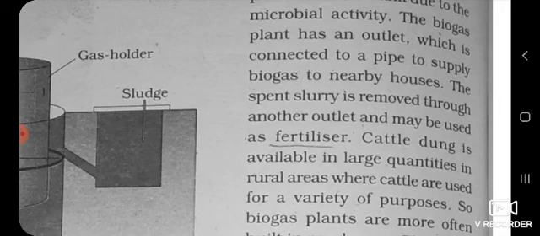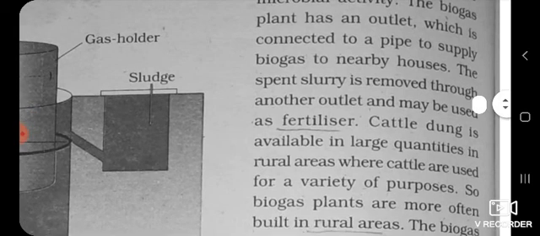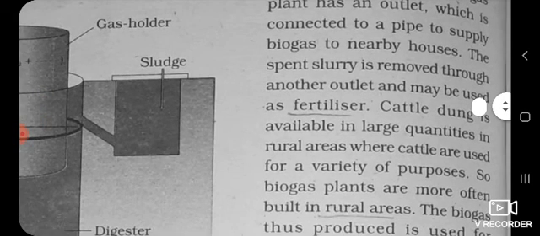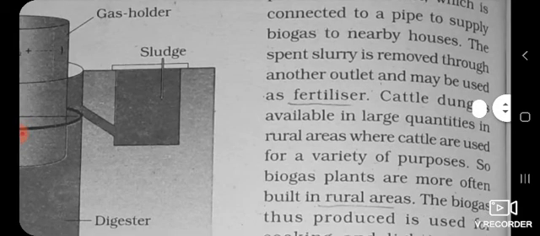So that waste slurry is removed from the digester, and it is called the spent slurry, and it is used as a fertilizer. A question may be asked: what is meant by spent slurry? Spent slurry means the slurry which is already used for biogas production, the non-usable or waste slurry, is called spent slurry.